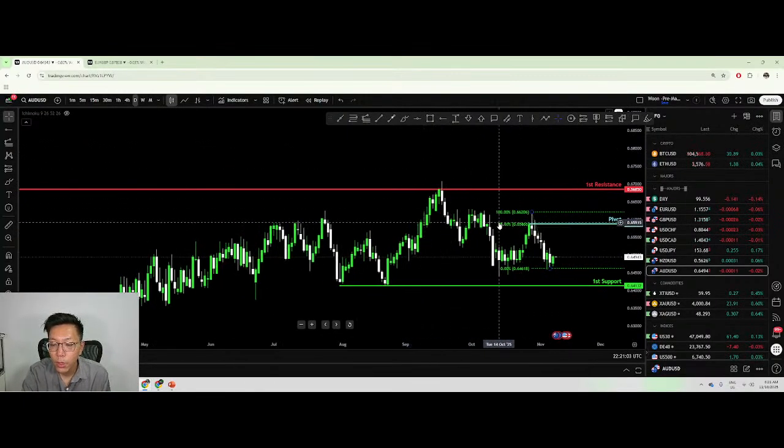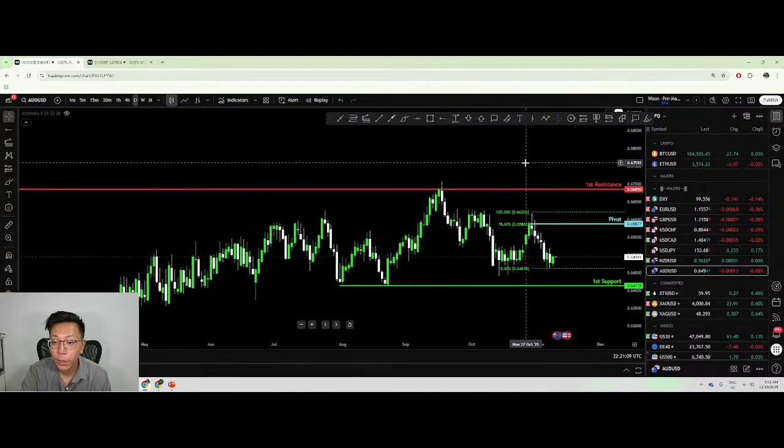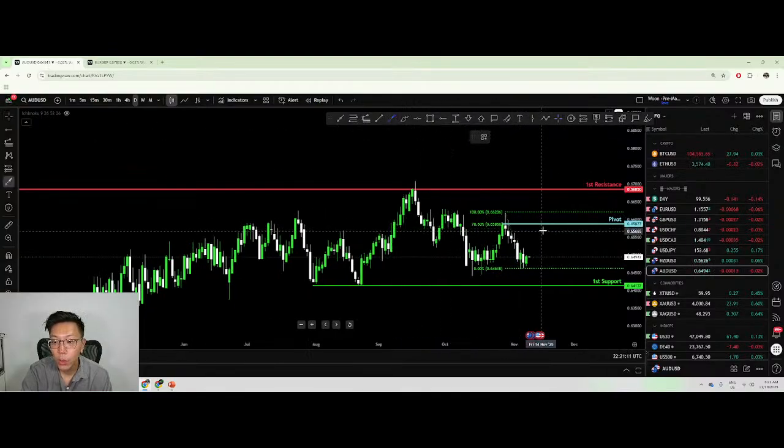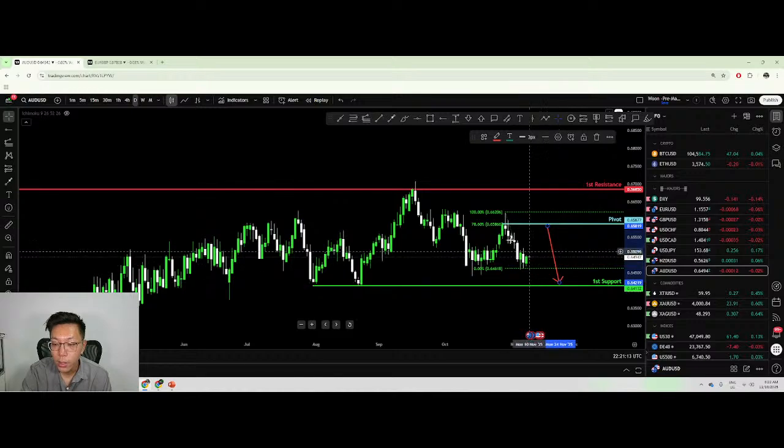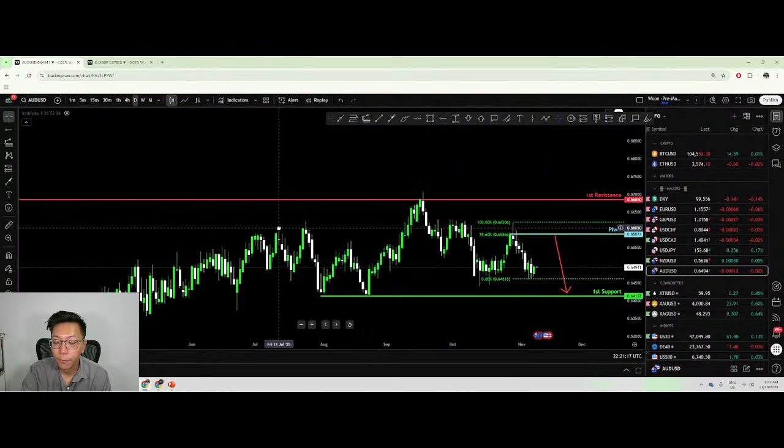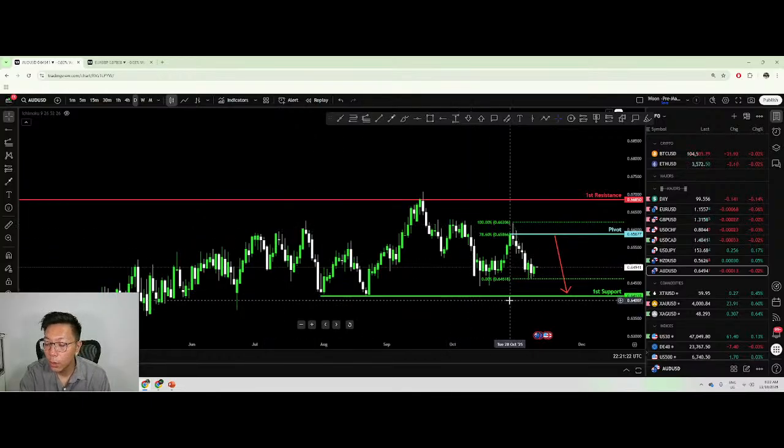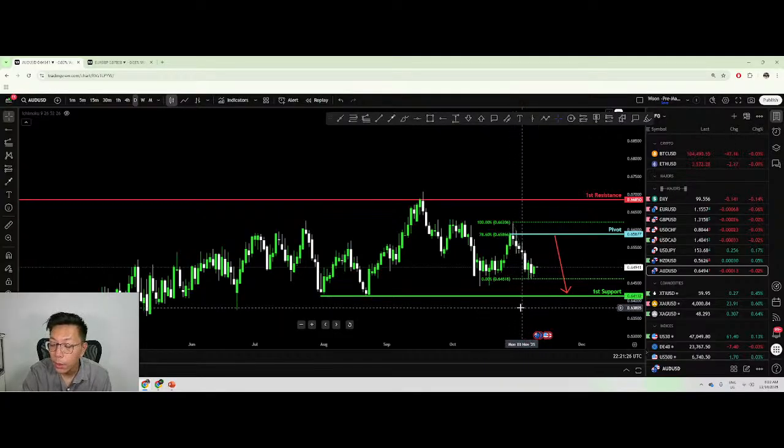So we only use the 78.6% Fibonacci retracement level over here. What we want to look at is sell entries towards the first support level. I think this is pretty straightforward for AUD USD.